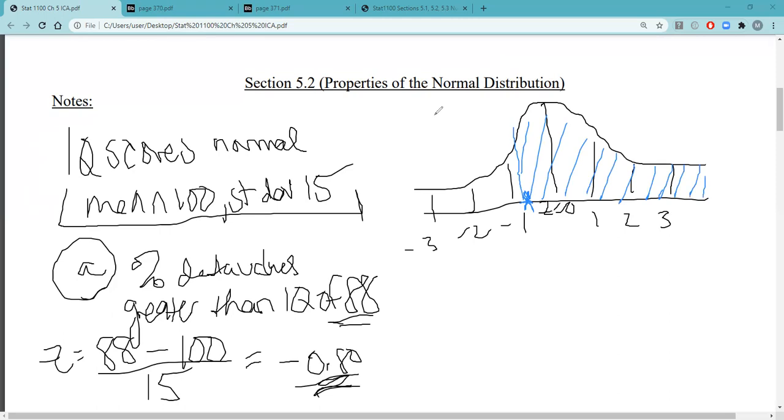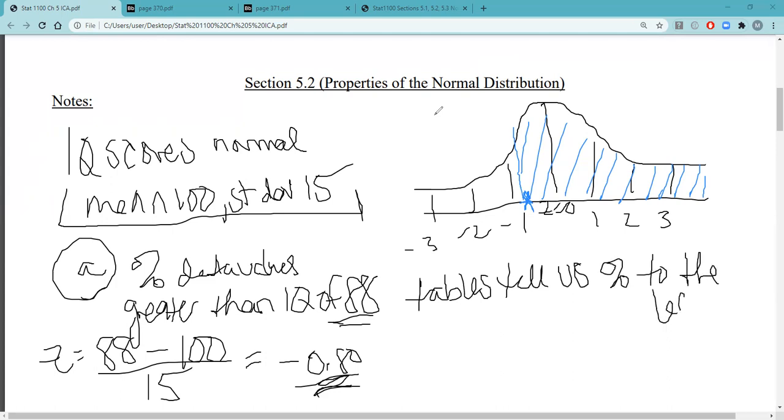Remember that the tables that we use tell us, so I'm going to write this down here. The tables tell us percentage to the left. But we know that the entire area under the curve is 100%, or as a decimal, 1.